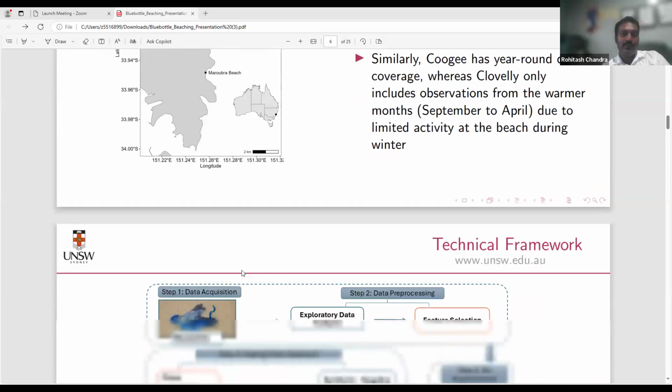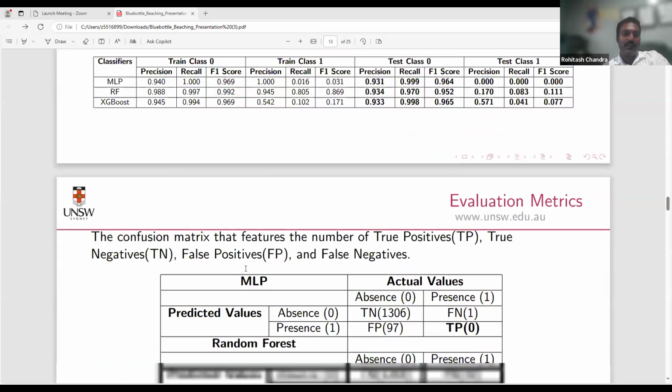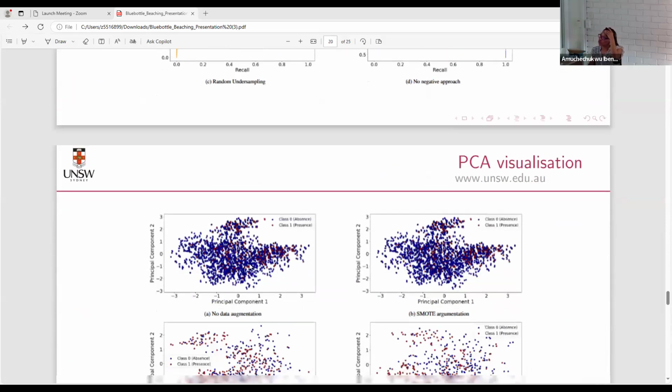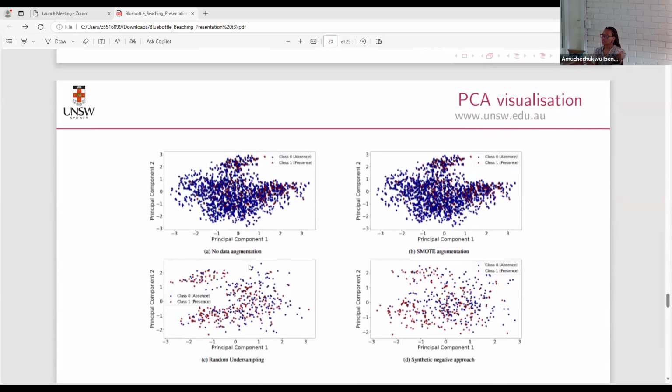So, if you could explain why you used PCA. Okay, because of the class overlap in the data set. In the beginning, I showed you the issue of the class overlap and why this absence data is really unreliable.